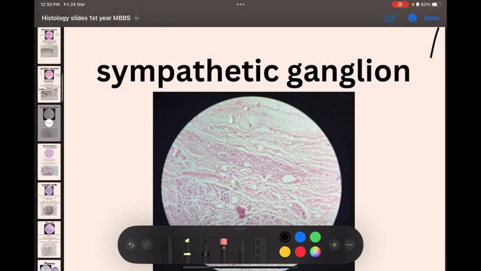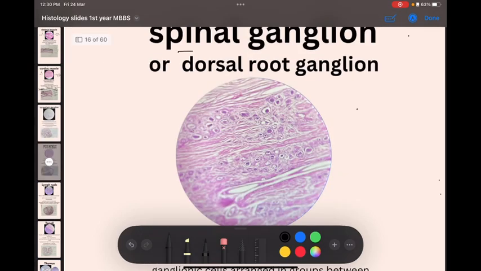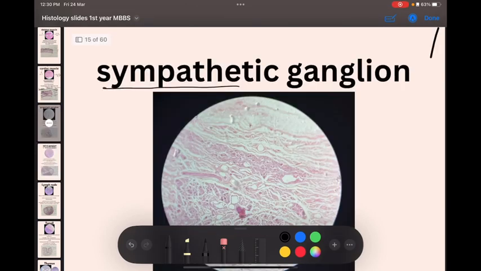Okay, guys. So coming to the ganglia, we have two ganglia now: the sympathetic ganglion and the spinal ganglion. The spinal ganglion is also called the dorsal root ganglion. See, the sympathetic ganglion location is the sympathetic chain.